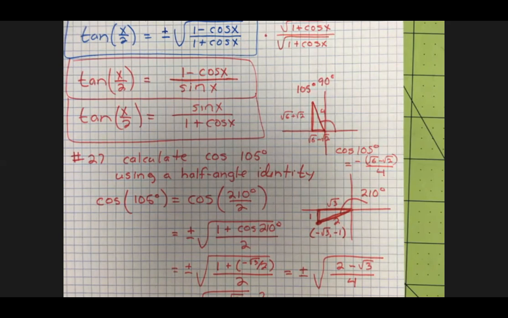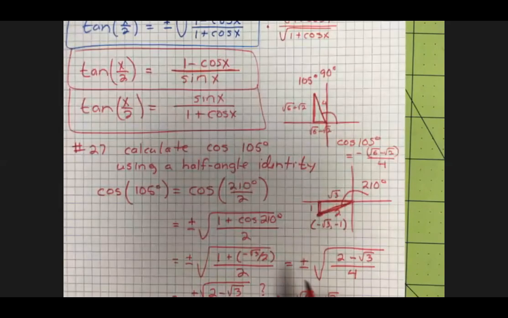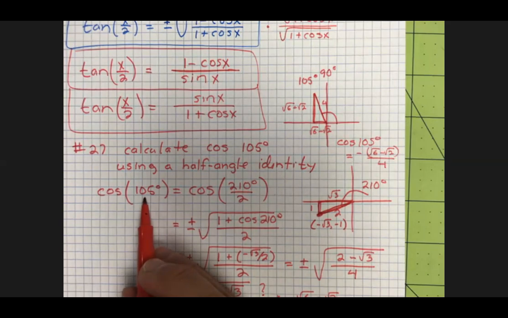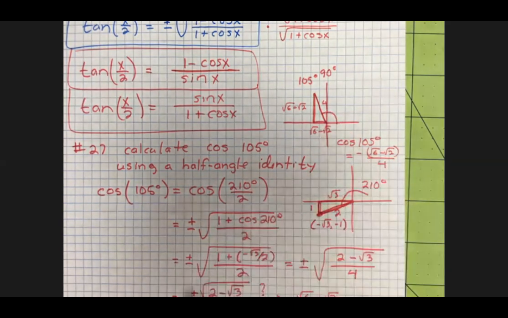I'll let you think about this for a second. You don't have to tell me right now because it'll take you a second to think about it. Why is this equal to the value I know here? And by the way, I need to choose the plus or minus also. Since 105 degrees has got to be negative, I'll choose the negative sign there.